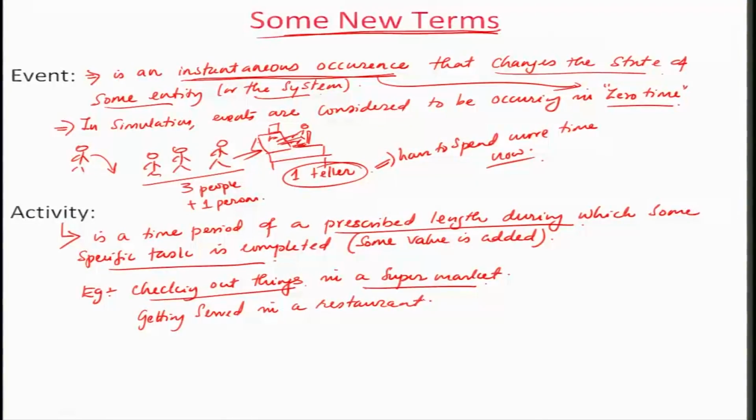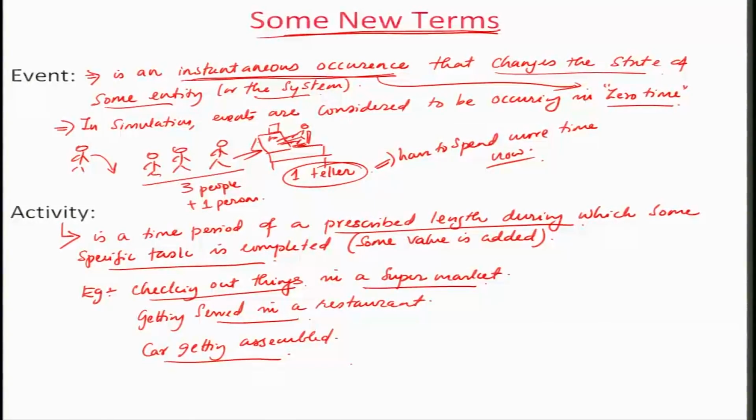So, you are waiting in a restaurant and you are getting served by that particular person. It will take you some particular time to do that. Car getting assembled. These are all examples of various activities that are happening in a system.